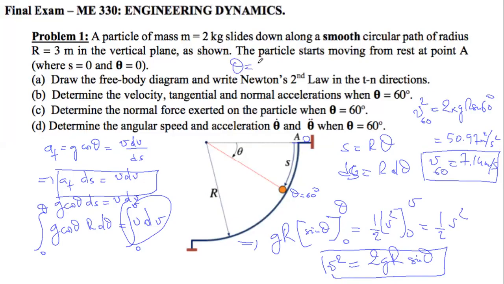Now, if I want the velocity, it's 7.14 meters per second along the tangential direction, e tangential being the unit vector along the tangential direction.